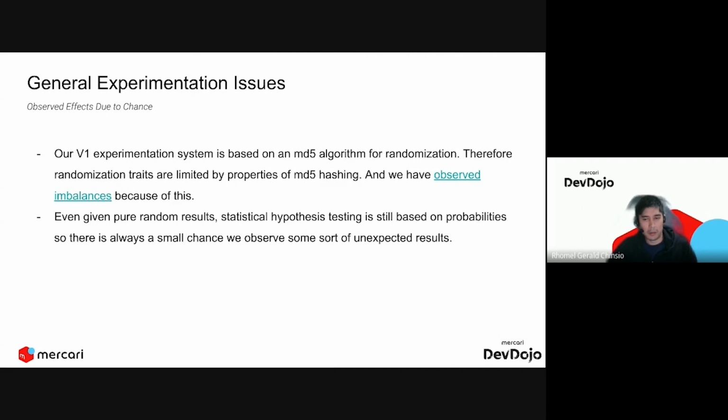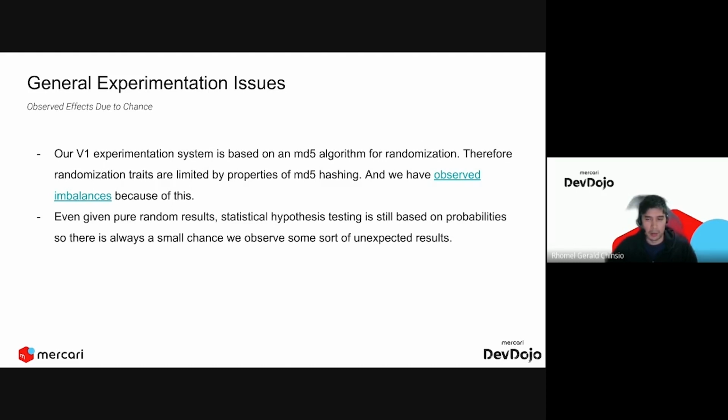So randomization is also a problem. Our current V1 system relies on MD5, and actually the future one will rely on MD5 as well, but in a different way. MD5 is a hashing algorithm, and one of the design goals was for good randomization, like equal distribution.